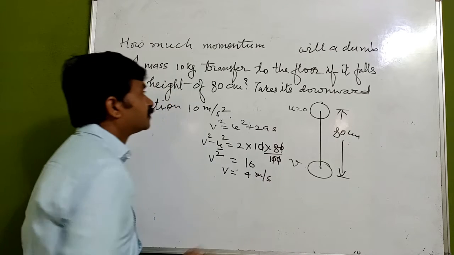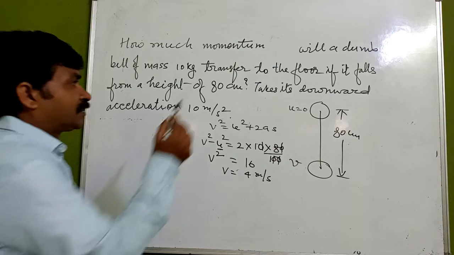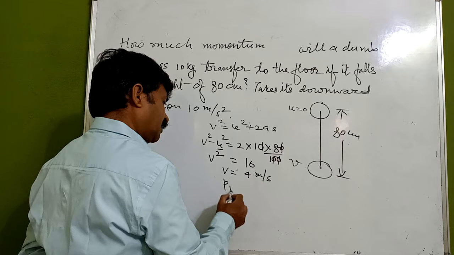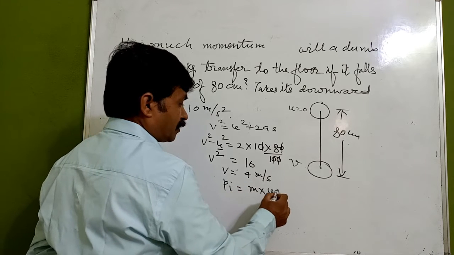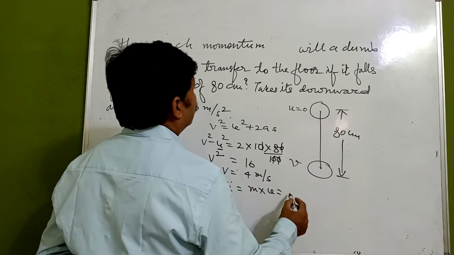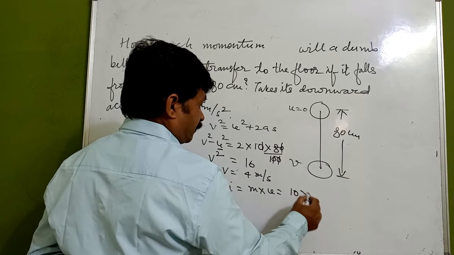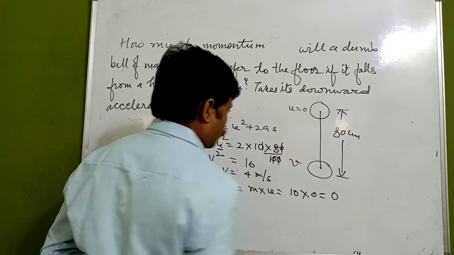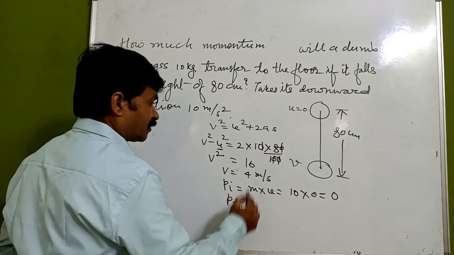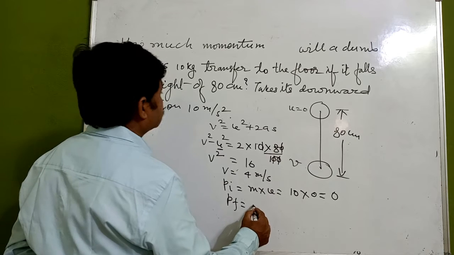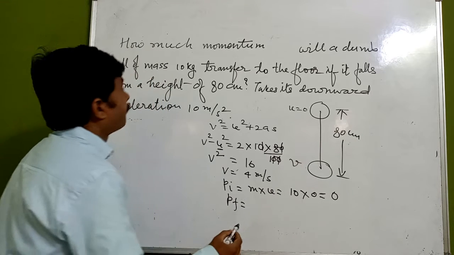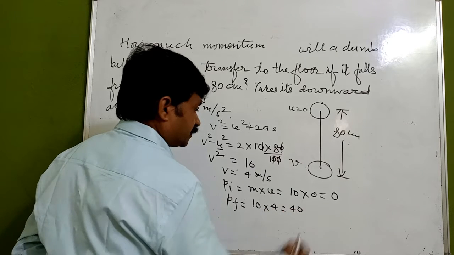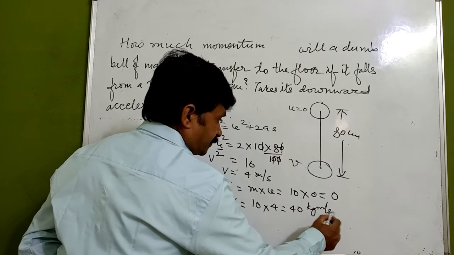Okay, so the initial momentum which we take here, Pi, is going to be 10 kg multiplied with 0, that is 0. The final momentum, with mass 10 kg, is going to be 40 kilogram meter per second.